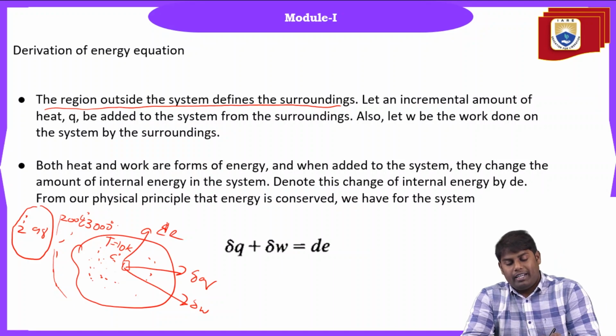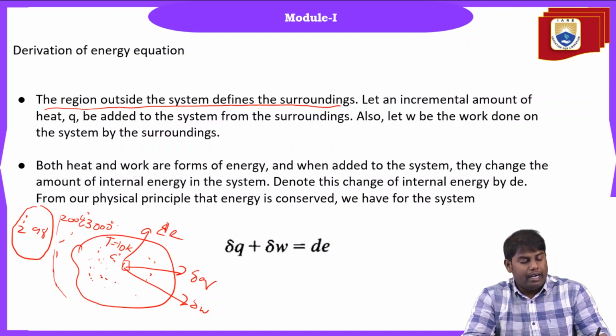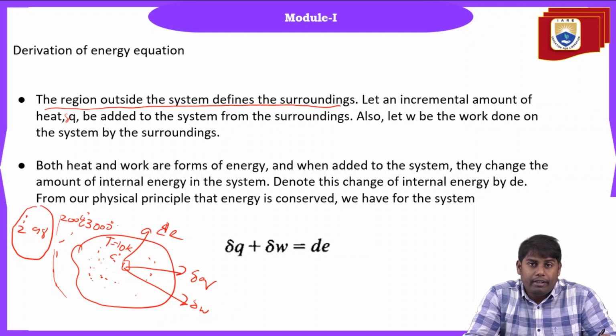Okay. So let an incremental amount of heat, delta Q, be added to the system from the surroundings. The surroundings have a heat higher than the system, therefore heat delta Q is applied to the system.